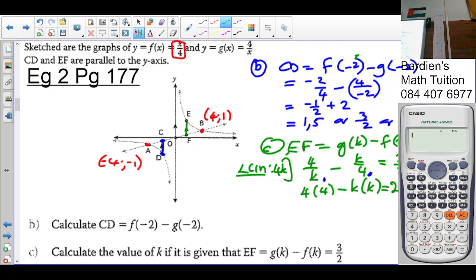So this is simply 16 minus k squared equals 6k. So what do I have now? Nice! So I got k squared plus 6k minus 16. So you can factorize this now, not so? So do that quickly.